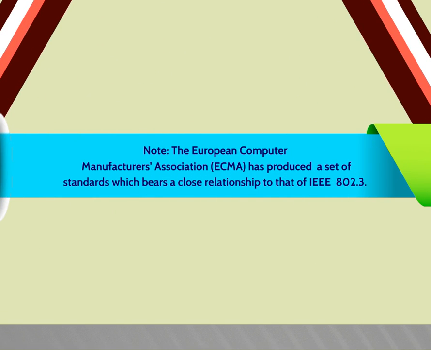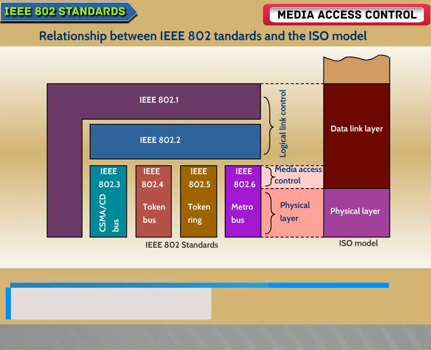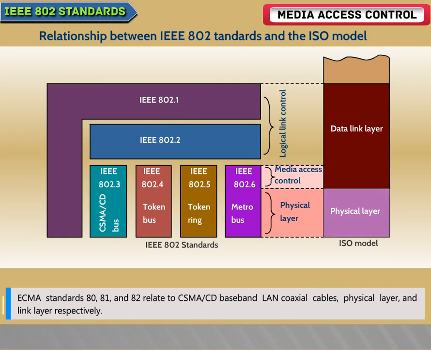Note: the European Computer Manufacturers Association, that is ECMA, has produced a set of standards which bears a close relationship to that of IEEE 802.3. ECMA standards 80, 81, and 82 relate to CSMA/CD baseband LAN coaxial cables, physical layer, and link layer respectively.